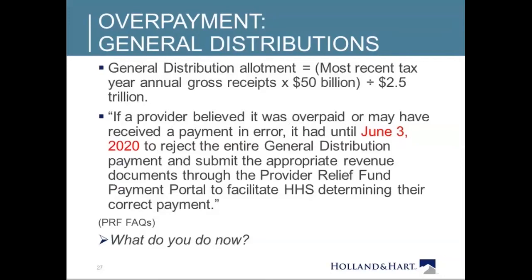The government has said if a provider believed that it was overpaid or may have received a payment in error, it had until June 3rd, 2020 to reject the entire general distribution payment and to submit the appropriate revenue documents through the Provider Relief Fund payment portal to facilitate HHS in determining their correct payment. So if you determine that you were overpaid or you should not have received it, you should have returned that back to the government by June 3rd, 2020.